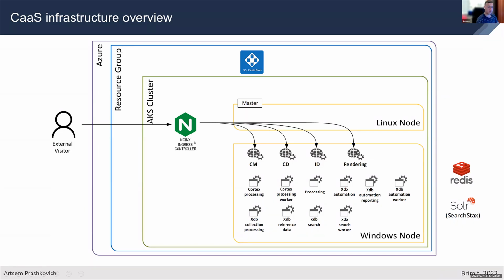We add rules, usually based on host names, and depending on what you have in your browser line, you will be pointed to the pod that you want to go to. So this is about the architecture in Kubernetes.